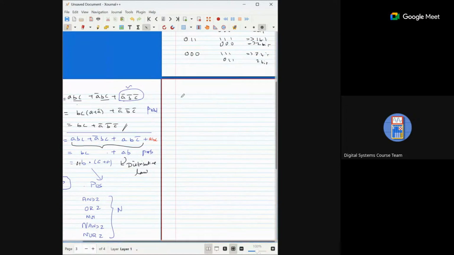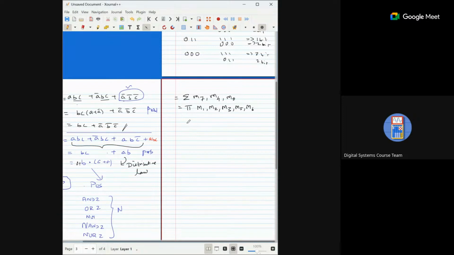Let's take the same example. This is the summation of m7, m4, and m0. This is equal to the product of M1, M2, M3, M5, M6. Both are equal.